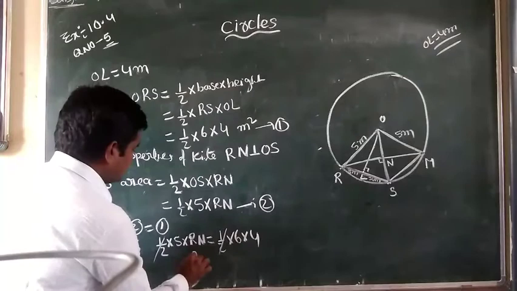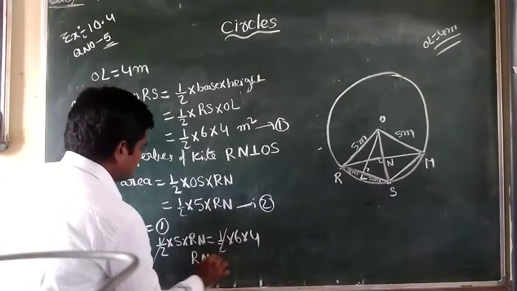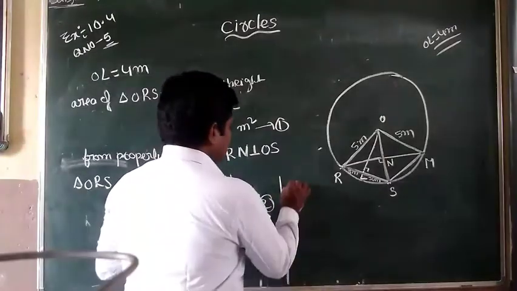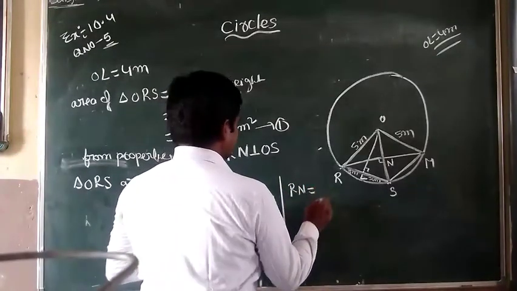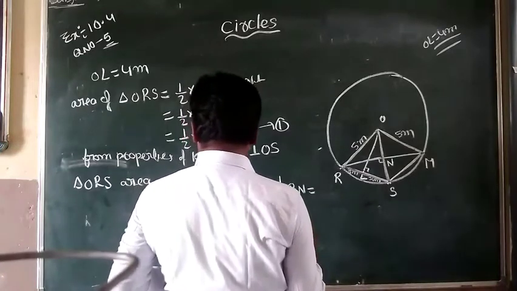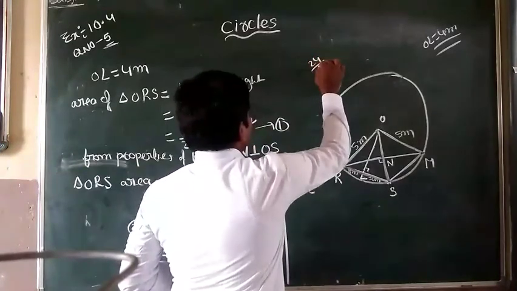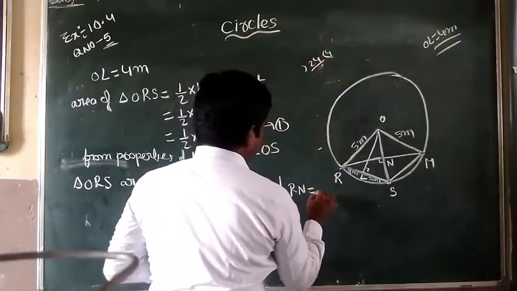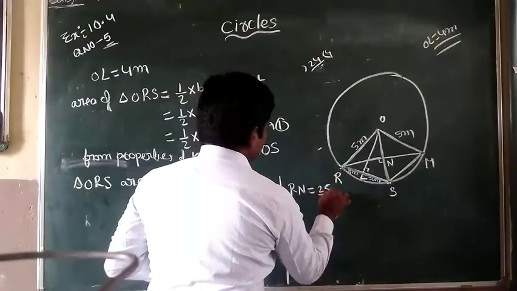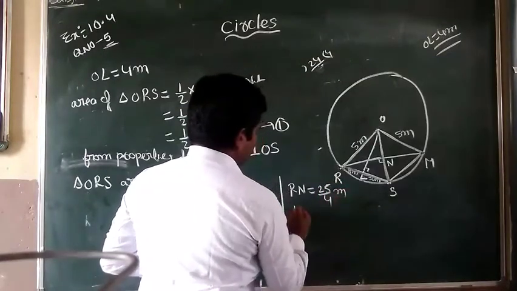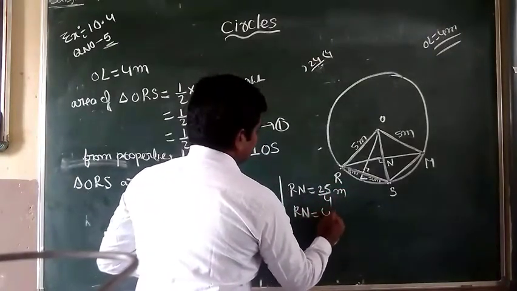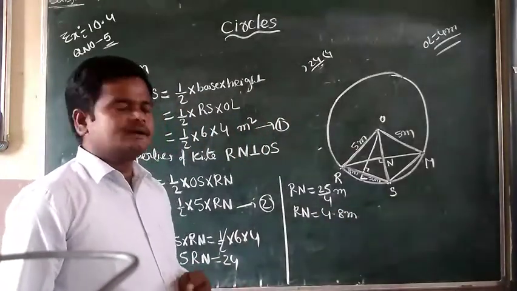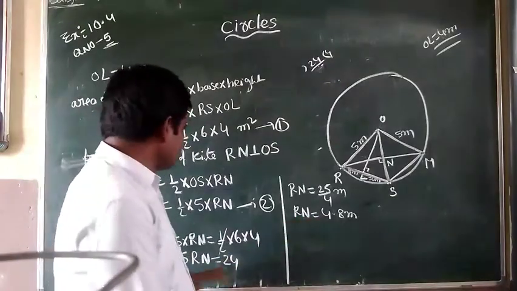So 5 RM equal to 24, RM equal to 24 by 5. So RM equal to 4.8 meter.